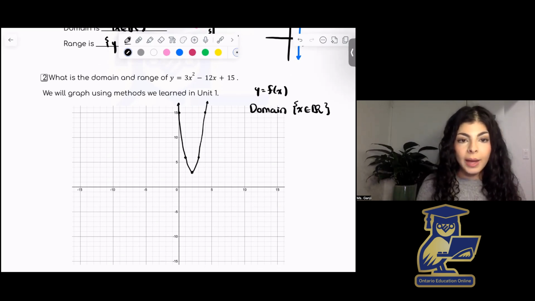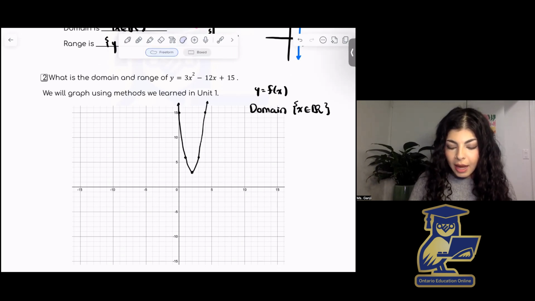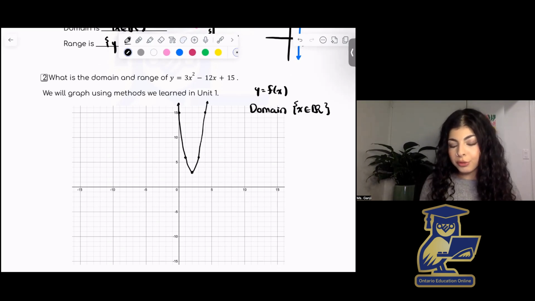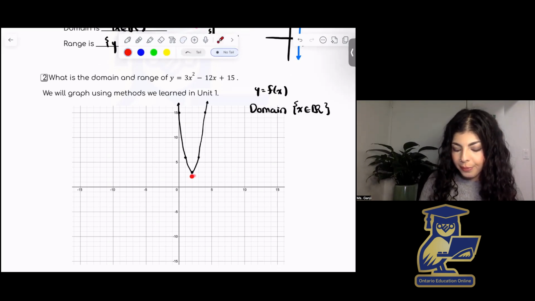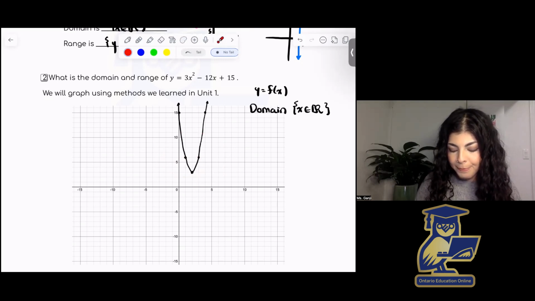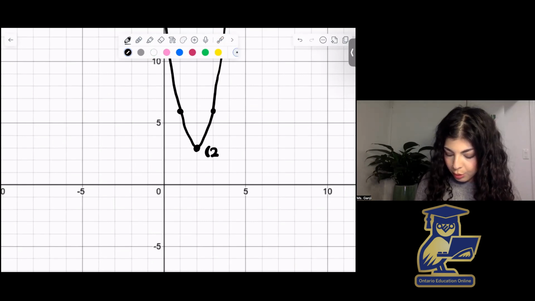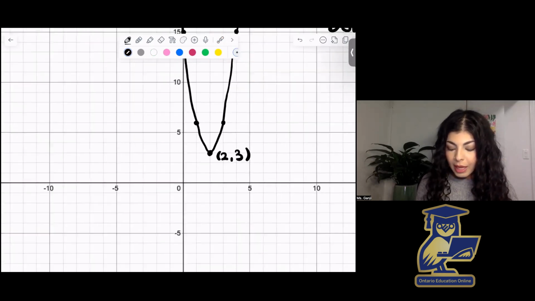Now for y, I see that almost any input value will give me a lot of options for y. However, we have a minimum here, and our minimum is at 2.